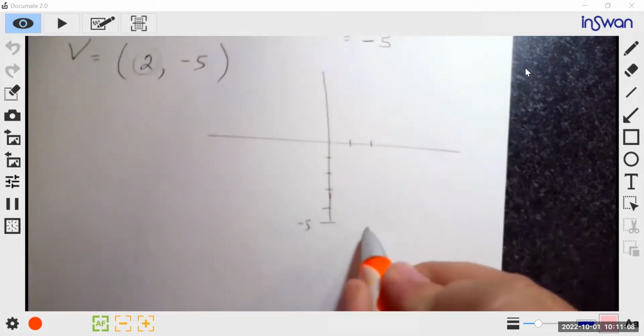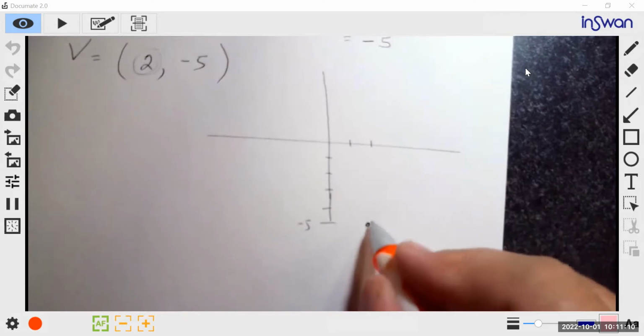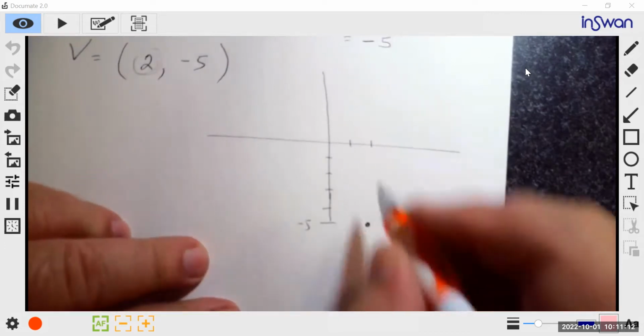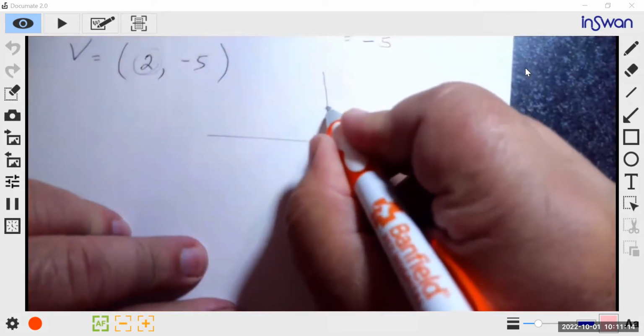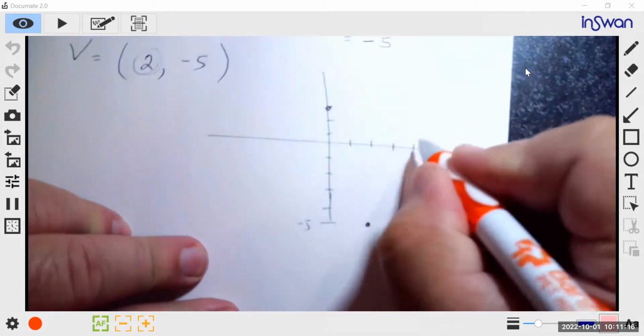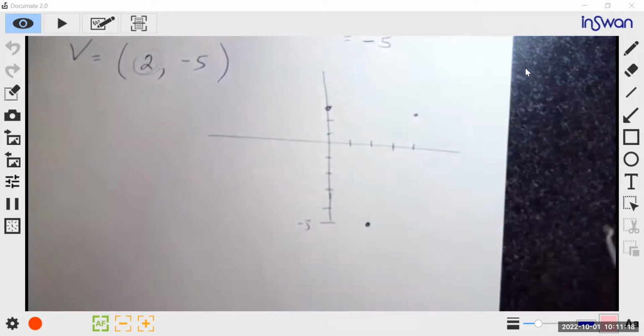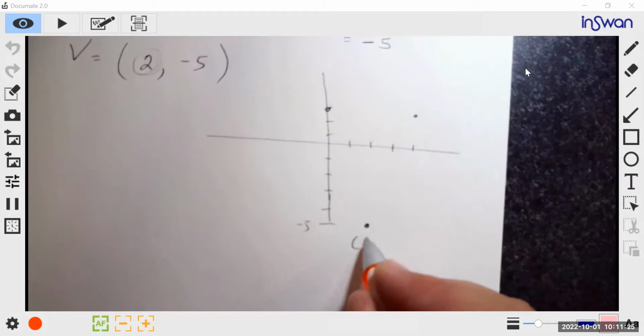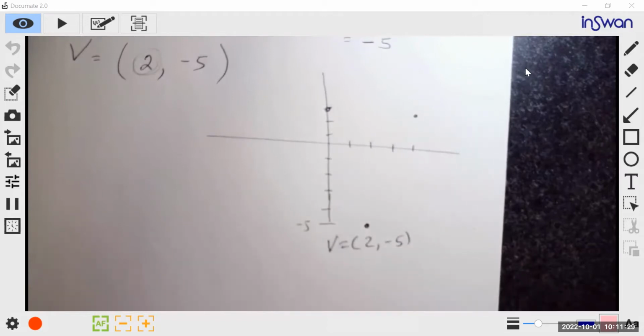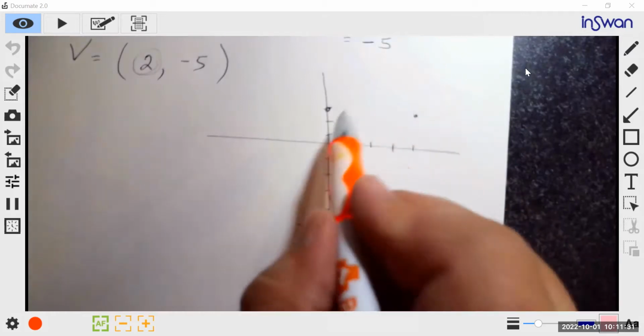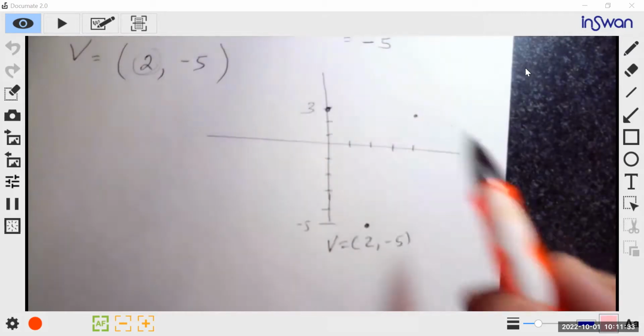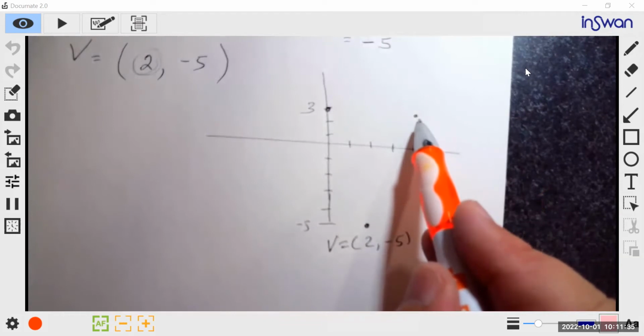Since we know our graph has a vertex at 2, -5, and it opens up and has a y-intercept at 3, I know these 3 points already. The vertex is at 2, -5. That's the vertex. My y-intercept is at 3. Where did this point come from?